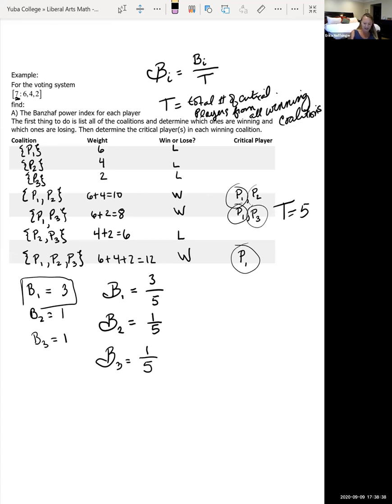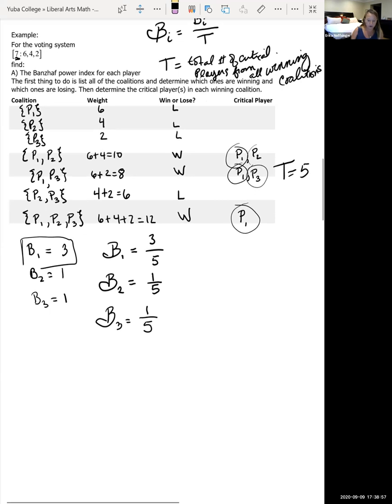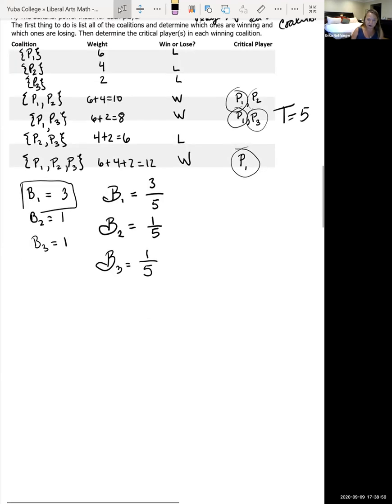That is the Banzhaf power index, how much weight they have in that voting coalition, or their voting power in that voting system. Does that answer your question?